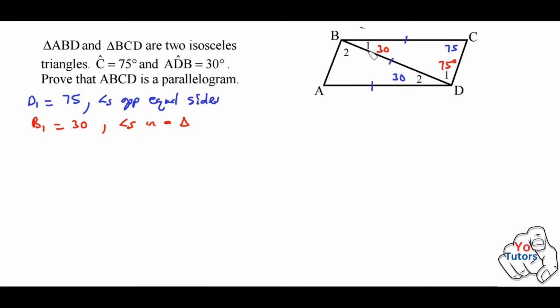Now, B1 is equal to D2. So we have proved that D1 is equal to D2. So what can we say now? If we have found that B1 is equal to D2, we have proved it. Then what can we say? Therefore, BC should be parallel to AD.